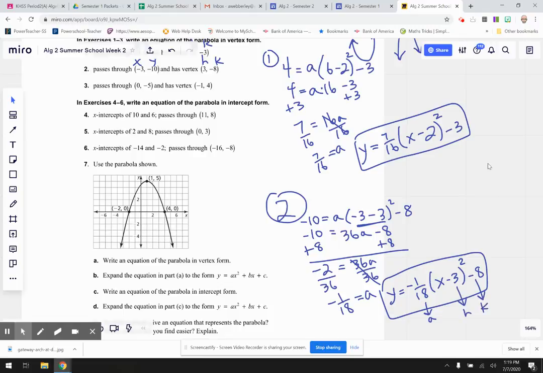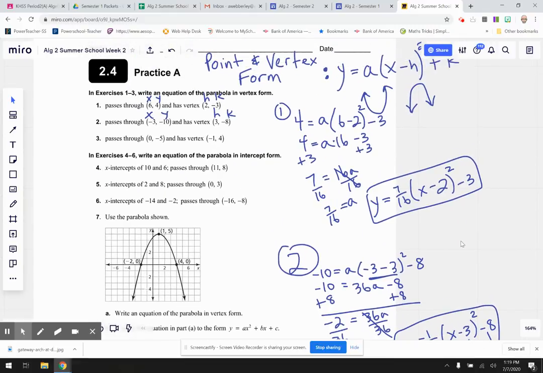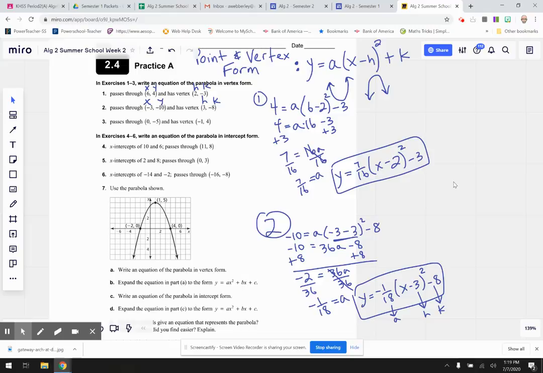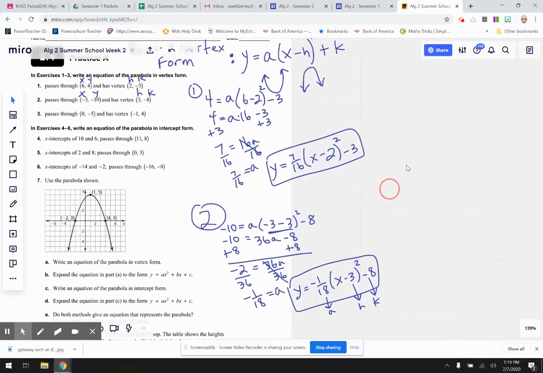Always leave x and y in the problem. So there's 1 and 2. Okay, that's how you would solve the first group, write an equation of those. So what happens when there's a 0 in there? Let's look at number 3. Okay, so I'll put it over here and I'll do number 3 up here. So you can see that.